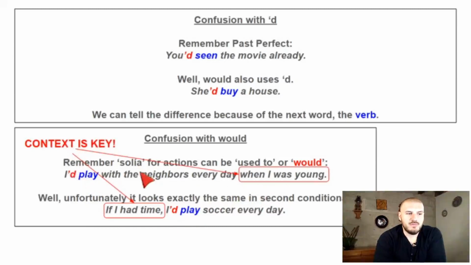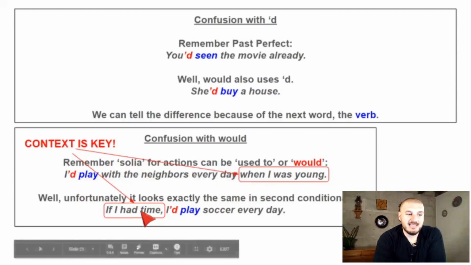I would play with the neighbors every day when I was young. I would play with the neighbors every day if I had time. Okay, so if you change these two things, I know exactly what you're talking about. Because if I had time is a conditional and when I was young is past. Okay, so the context is important.